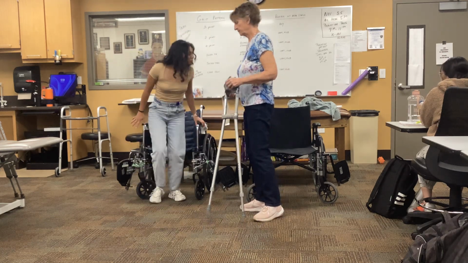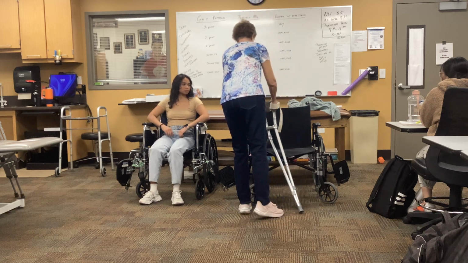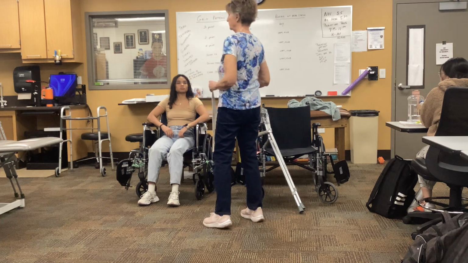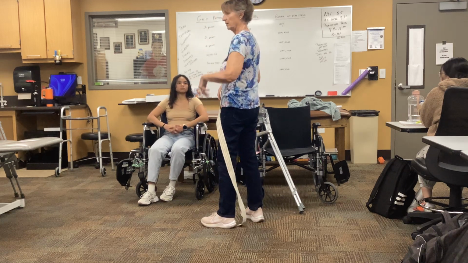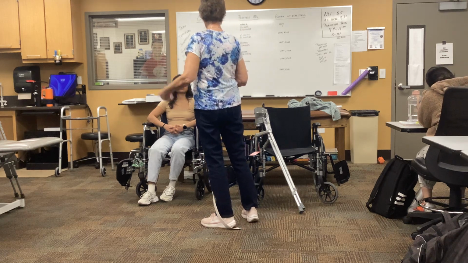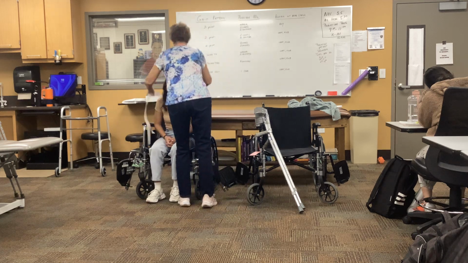So basically, pretty much the same, except now we're looking at somebody who's got these braces on and is using this type of gait because they are paralyzed from somewhere in the lumbar area down, so the lower extremities are paralyzed.